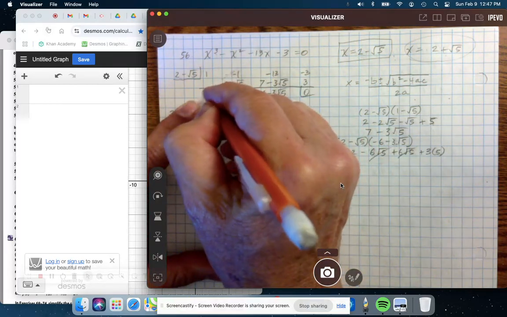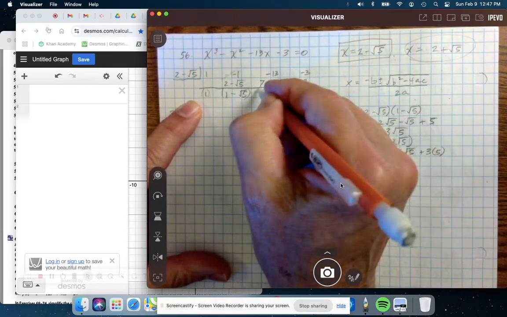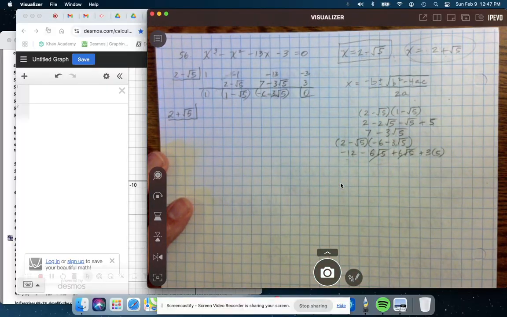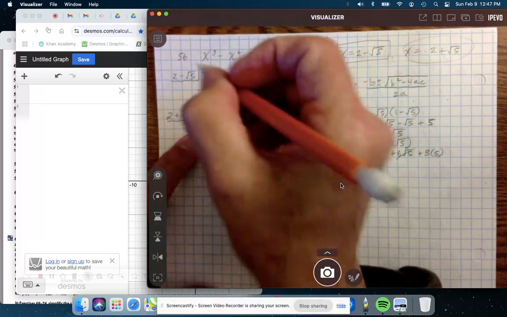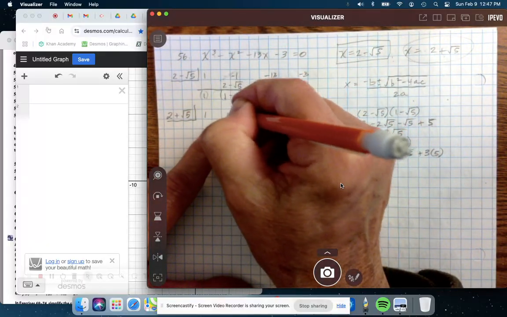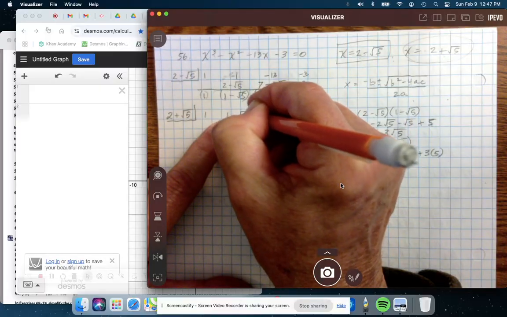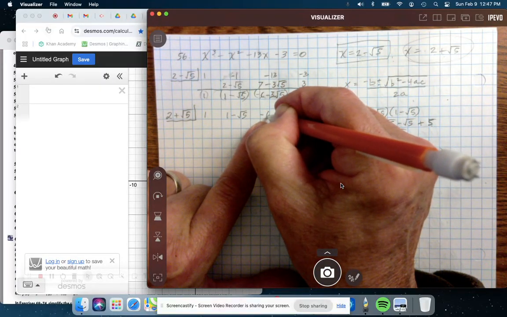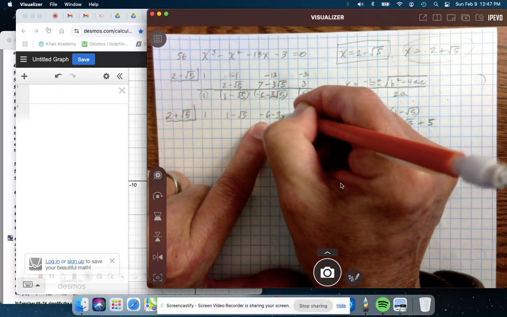So this is a coefficient, this is a coefficient, this is a coefficient of the quadratic factor, okay? So this will be, I'm just bringing these down. So there's 1, this is 1 minus the square root of 5, and this is negative 6 minus 3 square roots of 5.